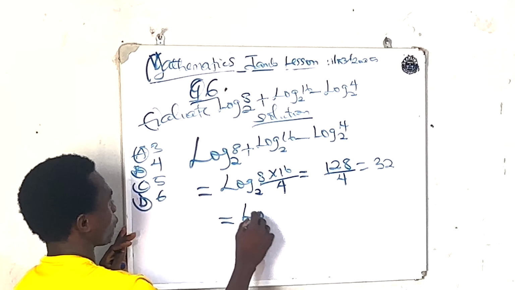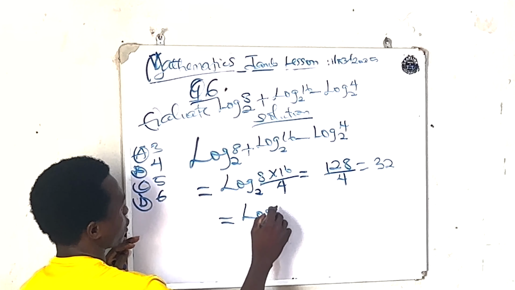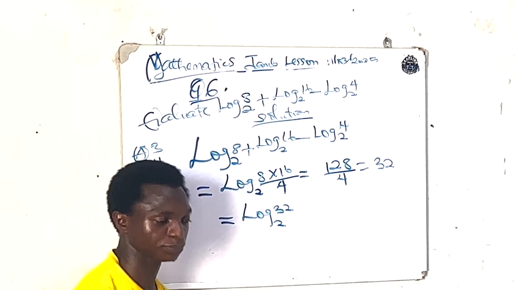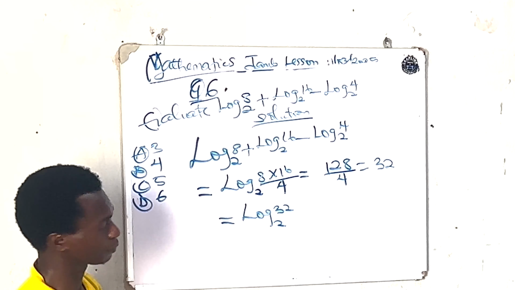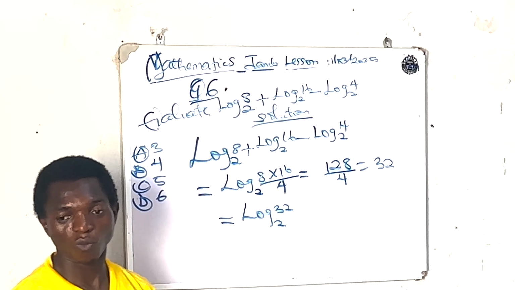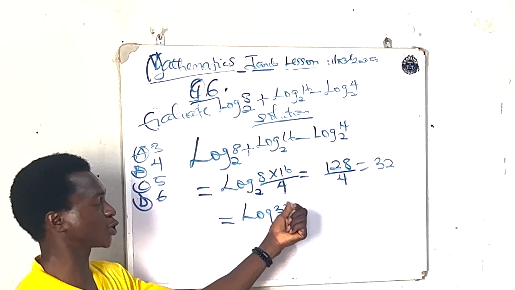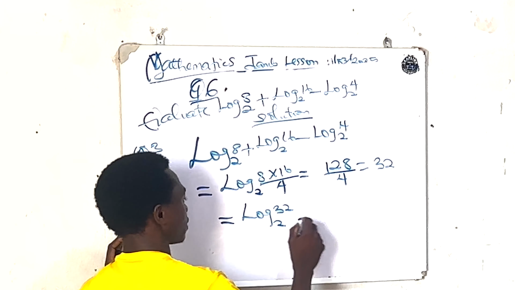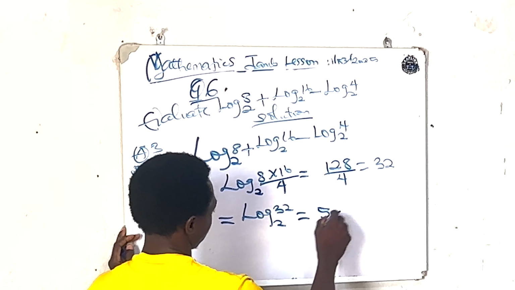So right now you have log of 32 in base 2. Log 32 in base 2 is the same thing as asking what number, when 2 is raised to it, will give us 32. The number is 5.